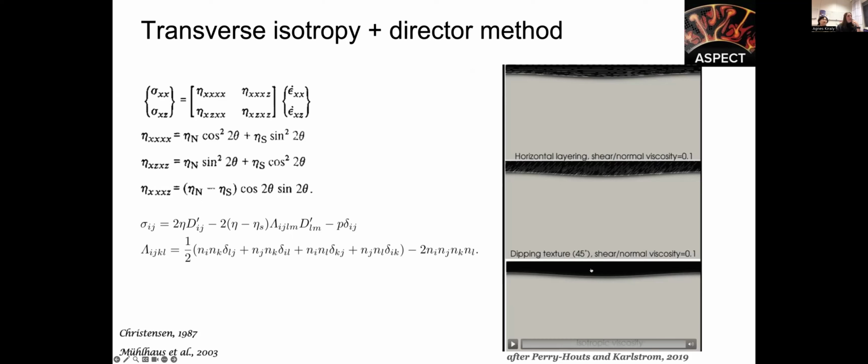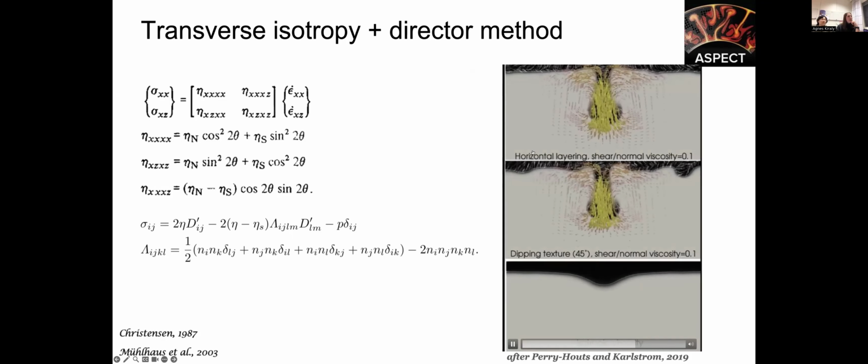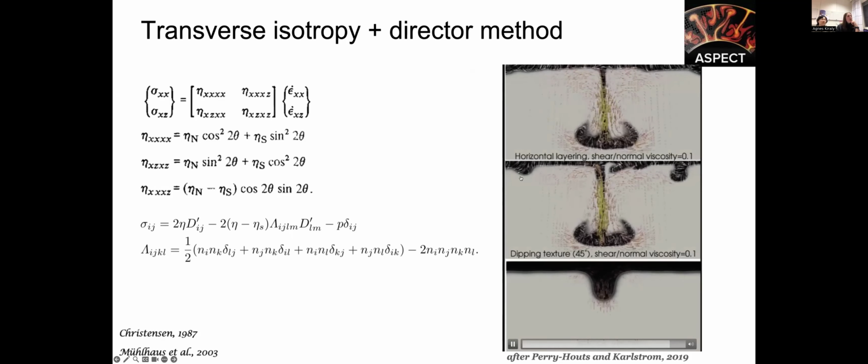And so this is showing a Rayleigh-Taylor instability, lithosphere and dipping layering, and because in the anisotropic model we have a shear viscosity that's lower, much faster instabilities.